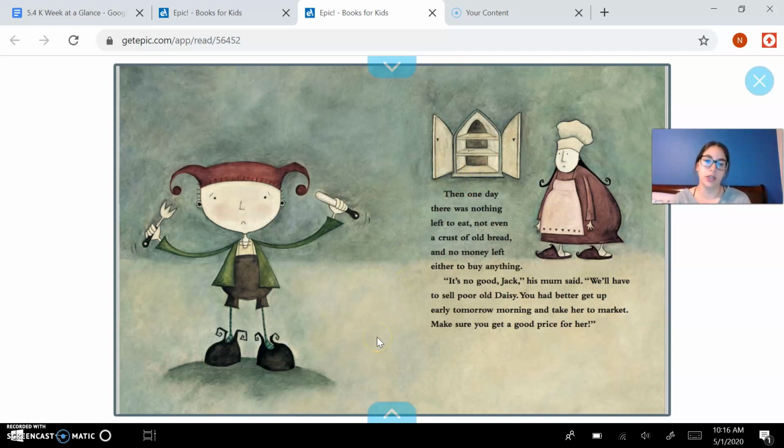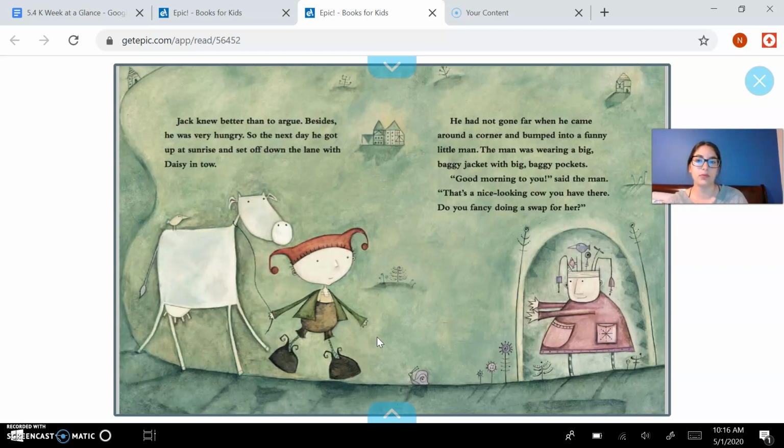"It's no good, Jack," his mom said. "We'll have to sell poor old Daisy. You had better get up early tomorrow morning and take her to market. Make sure you get a good price for her." Jack knew better than to argue. Besides, he was very hungry. So the next day he got up at sunrise and set off down the lane with Daisy in tow.